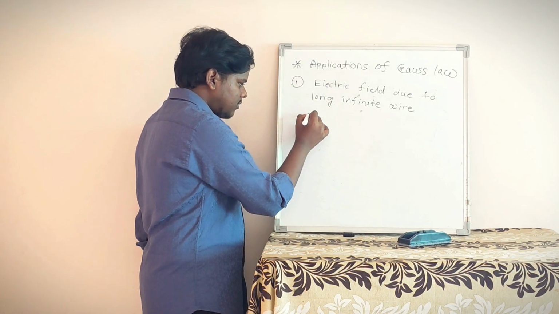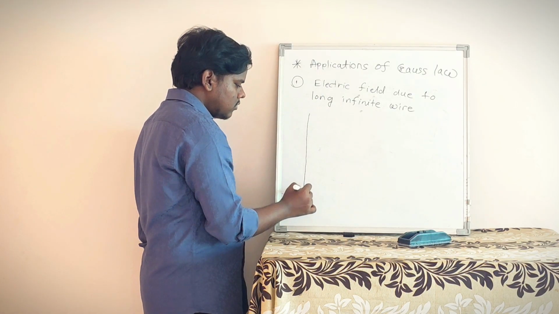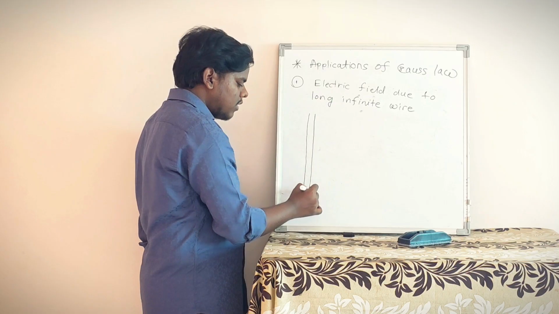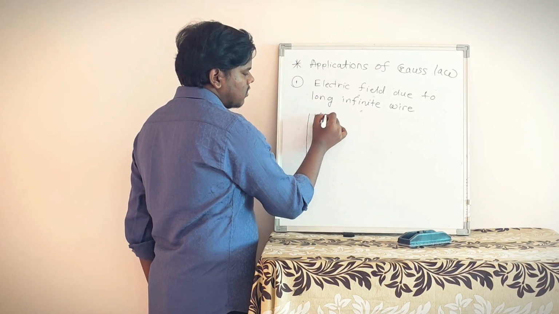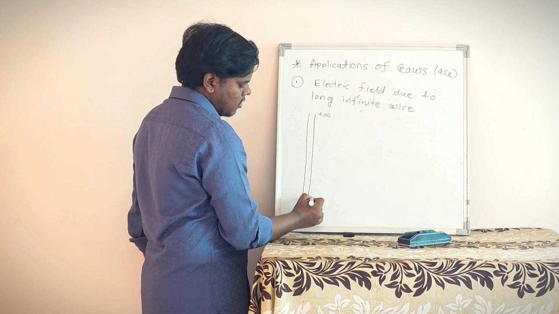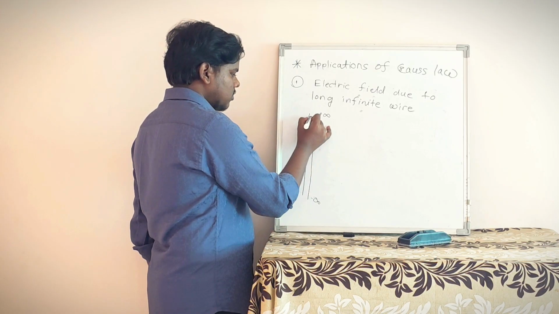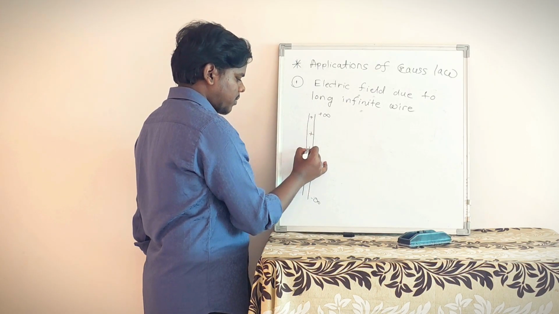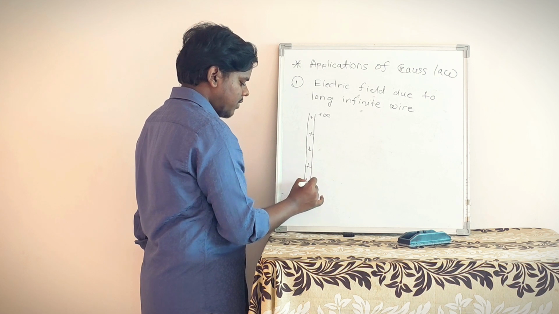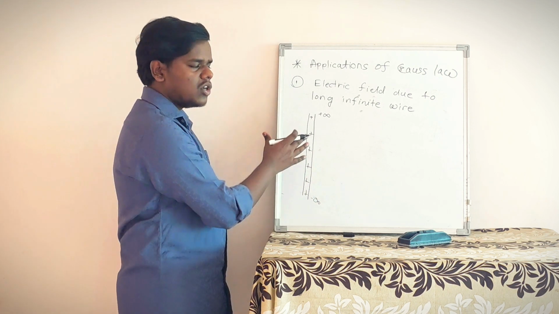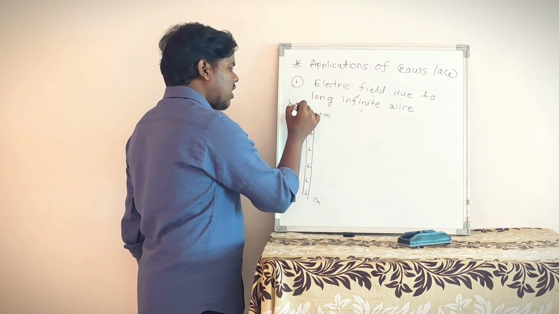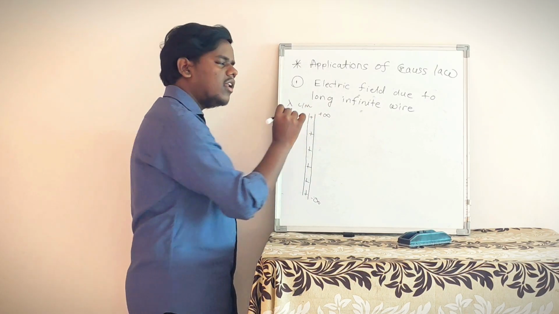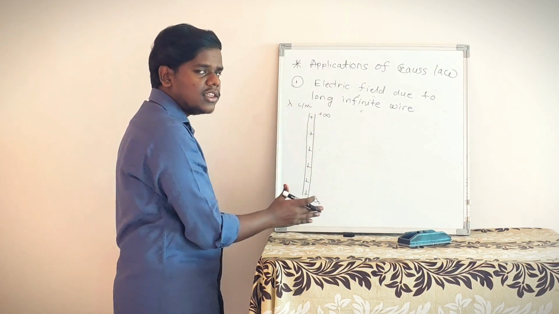Let's say we have a wire, this is an infinite wire. Let's say the charge distribution on this wire is lambda coulomb per meter. This is the charge distribution on this wire.